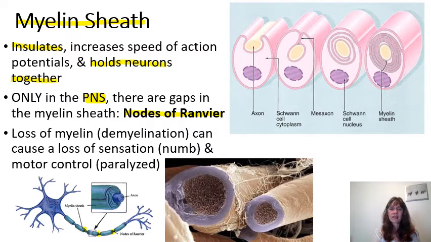Loss of myelin, otherwise known as demyelination, can cause a loss of sensation where a person might have numbness, or a loss of motor control, which could lead to paralysis.